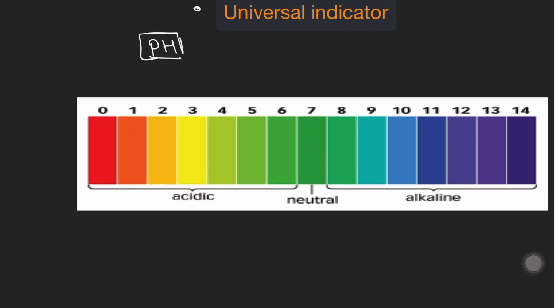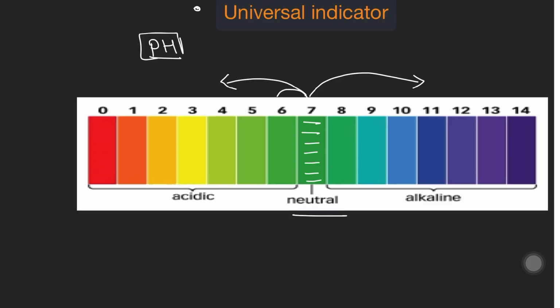The pH scale helps us identify how acidic or how basic a substance is. Here the number 7 in the middle represents neutral, right? If we move from 7 towards higher numbers like 8, 9, 10, 11, 12, 13, 14, it represents basic content.